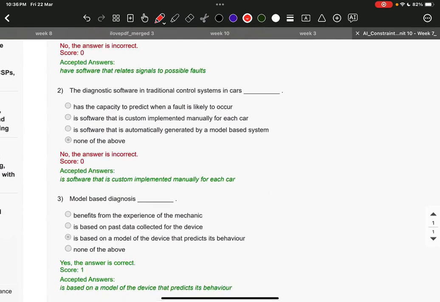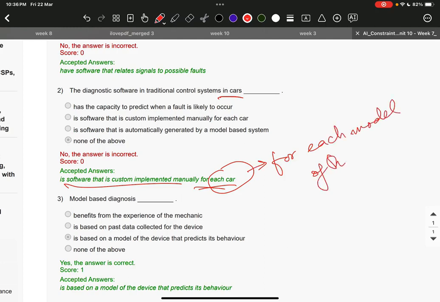The diagnostic software in traditional control systems in cars is software that is custom implemented manually for each car, because diagnostic software is different for different cars. It does not mean each individual Maruti Swift has different software. It is for each model of the car, which is why the cost increases.